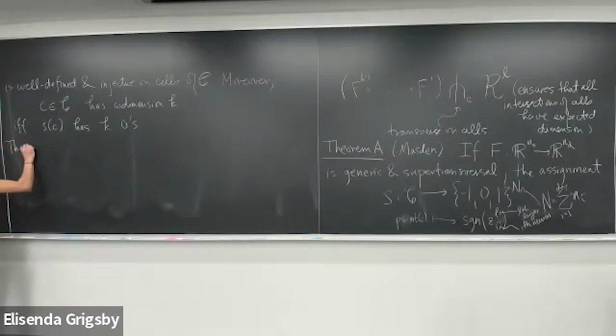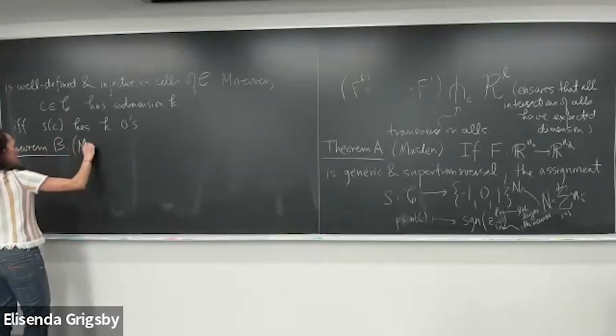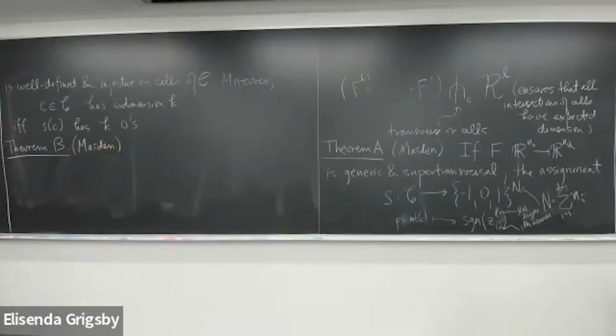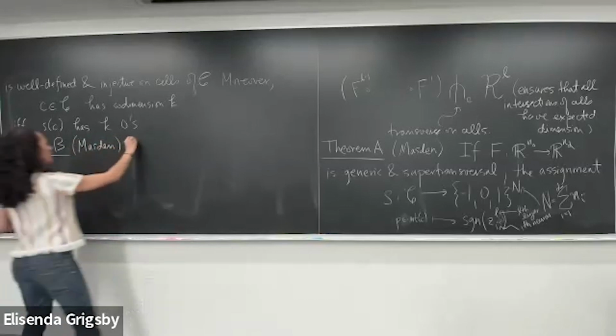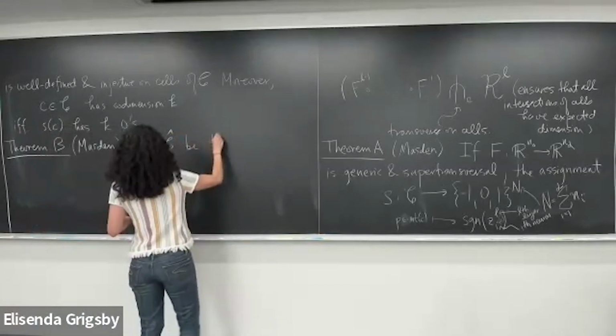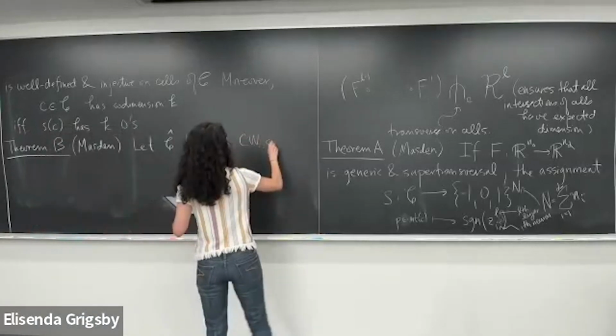Okay. All right, so that's the first statement. And then the second statement, which I think is really interesting, and is kind of the goal of everything I've been saying over the past couple of lectures, is the following. Let's see, let Ĉ be the CW complex.